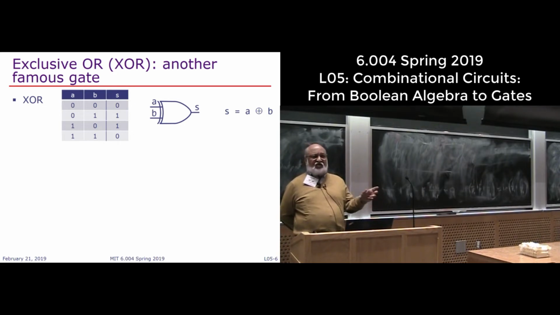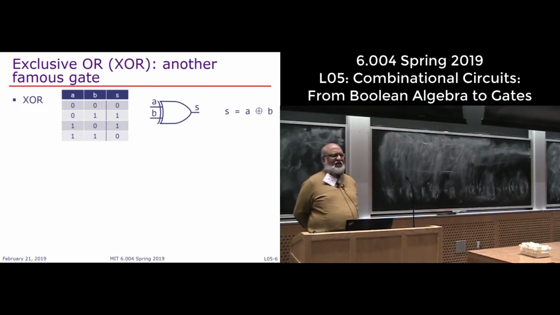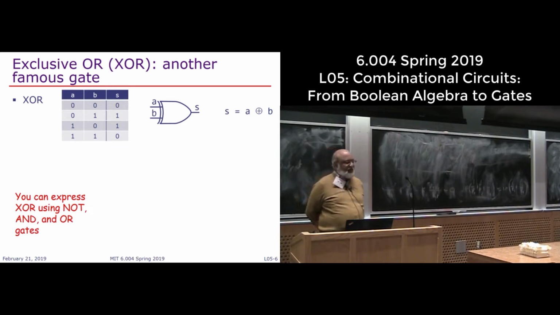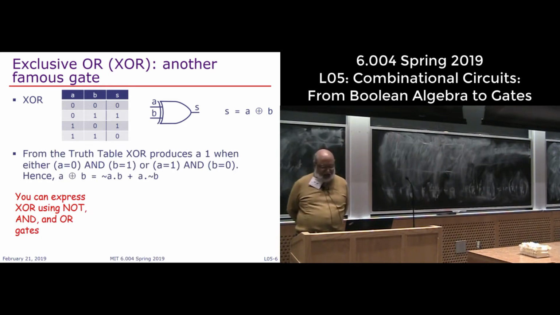If both the inputs become 1, then it produces a 0. So that's why it's called exclusive OR: both can't be 1, only one of the inputs has to be 1 for exclusive OR to do its job. And like NAND and NOR gates, the exclusive OR gate can also be represented using other gates. So you can express it using these gates.